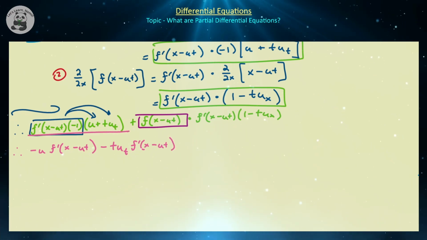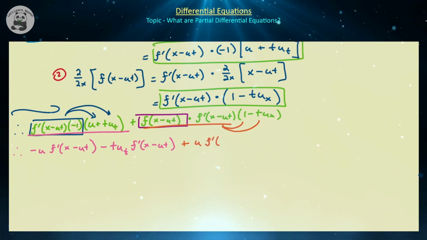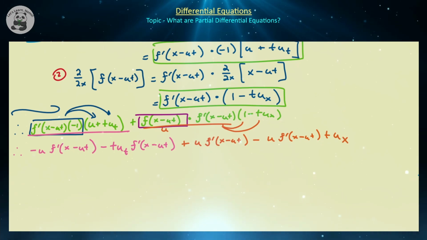So that's the first expression. And then once we distribute this into that bracket, we're going to have plus u f prime of x minus u of t, and then minus u times f prime of x minus u of t times t ux.